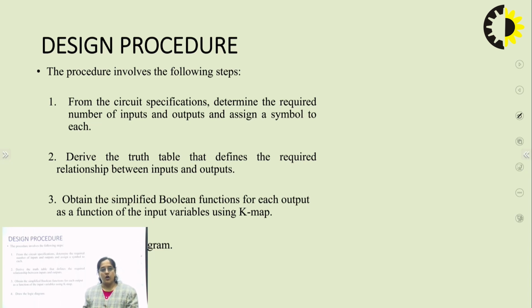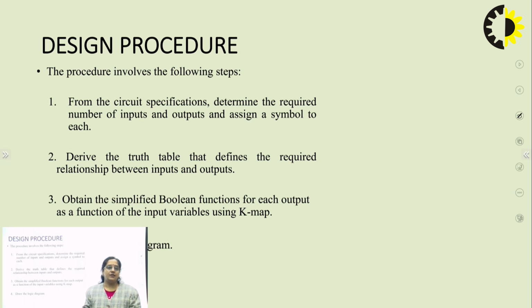Then we have to solve a K-map for each output in terms of the input variables, and as per the simplified expression obtained from the K-map, we have to draw the logic diagram either using universal gates or using basic gates AND, OR, NOT.